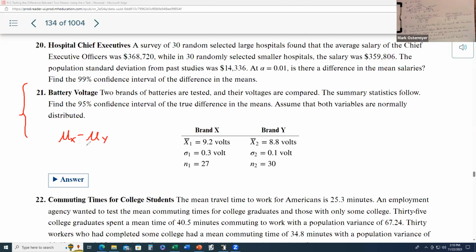Go ahead and construct that confidence interval. And you can just use your calculator and use the 2-sample z interval function. Go ahead and do that. And we'll take a look at what you got there.